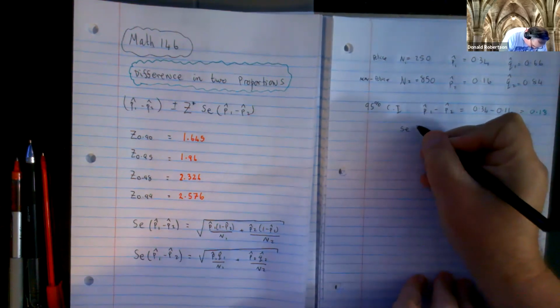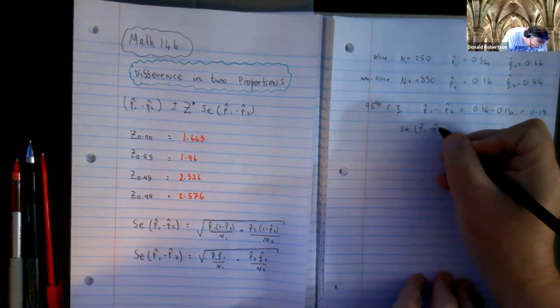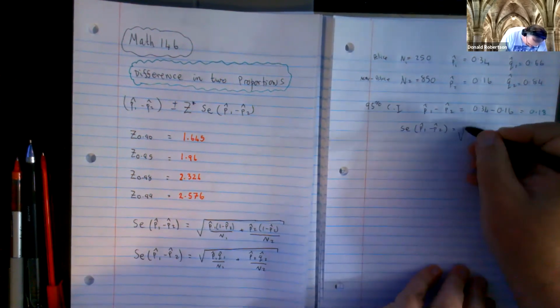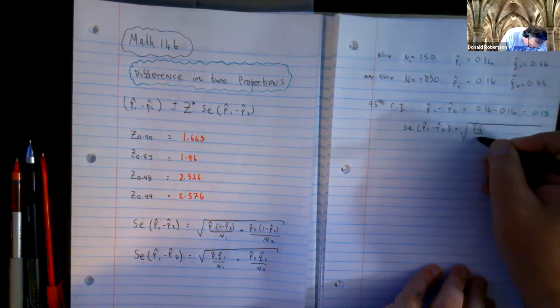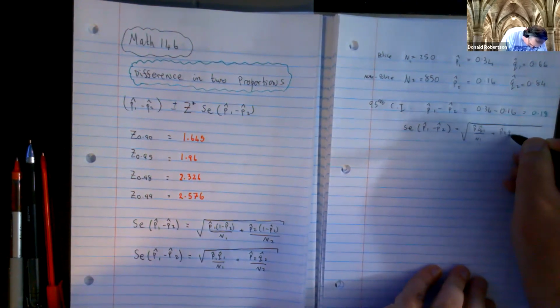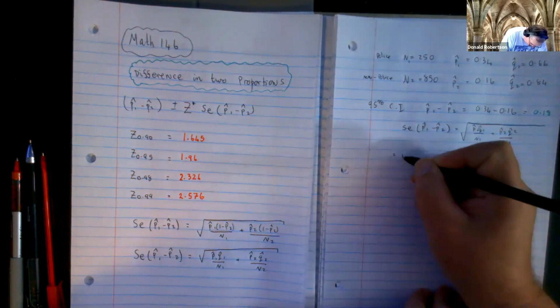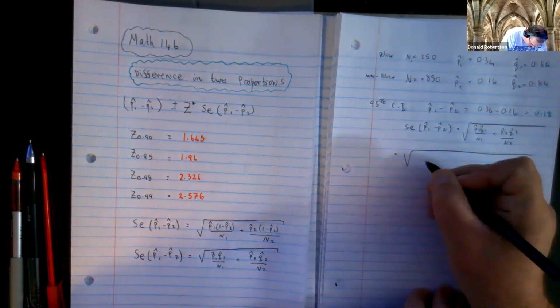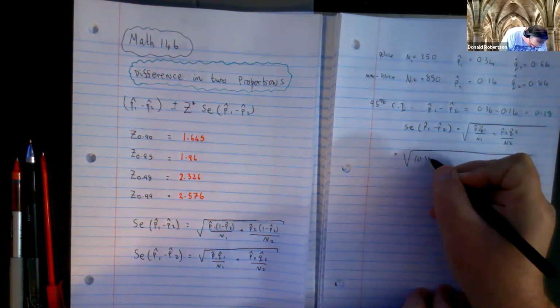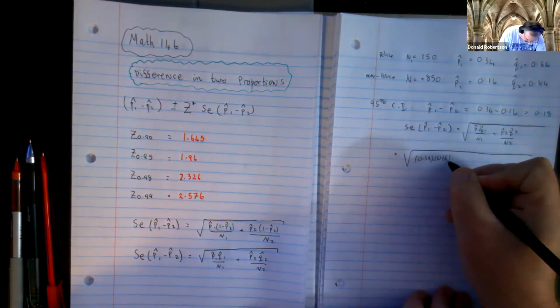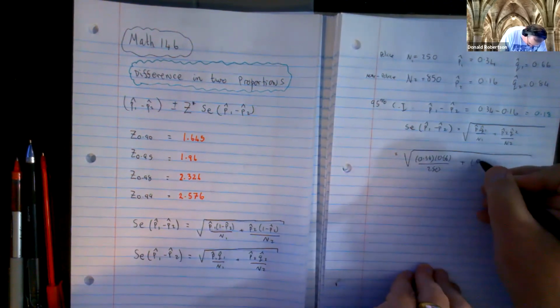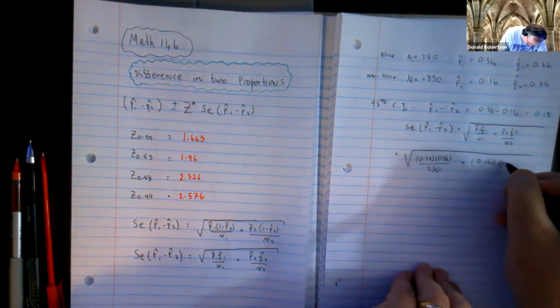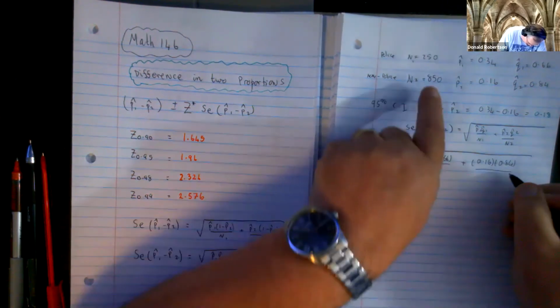The standard error for the difference between them is the square root. I'll do the P1 Q1 version. And I'm looking at 34 with a 66 divided by a sample size of 250, added to a 16 multiplied by 84 out of 850.